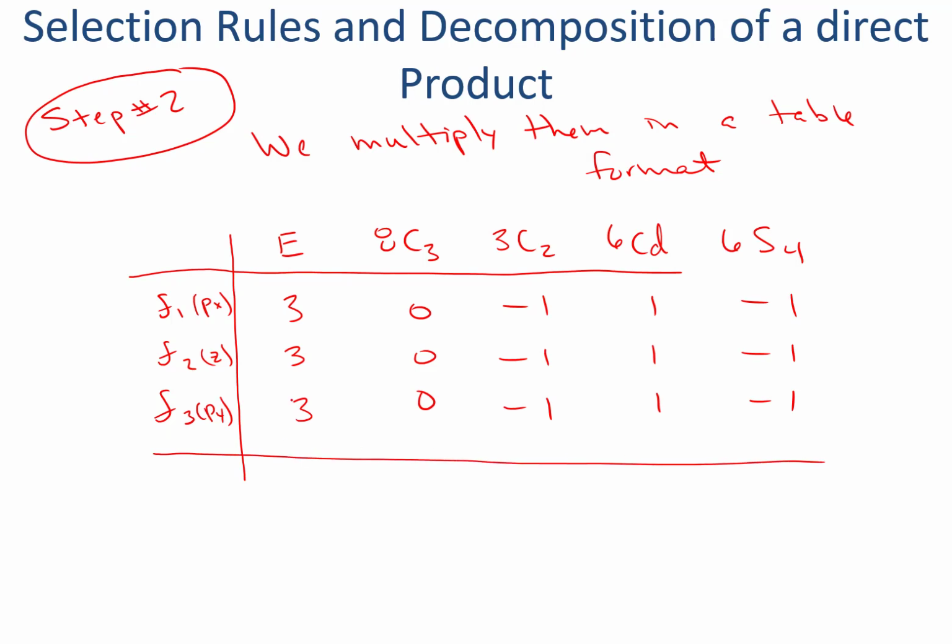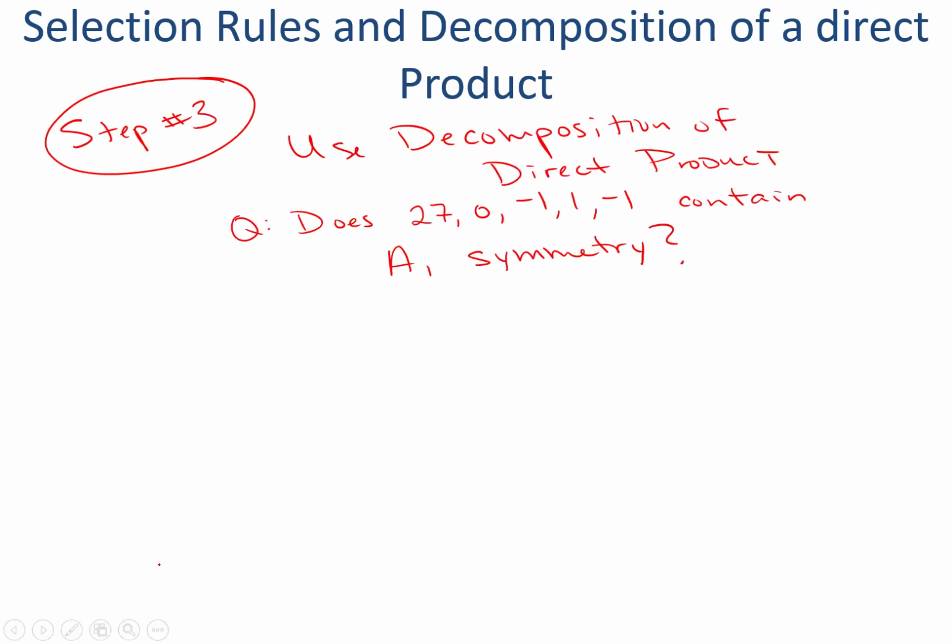They're finding the product of each one of those: 27, 0, -1, 1, and -1. This is our product similar to what we did in the last video. So this is the product of F1, F2, and F3.